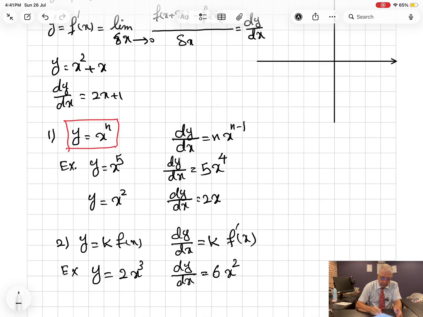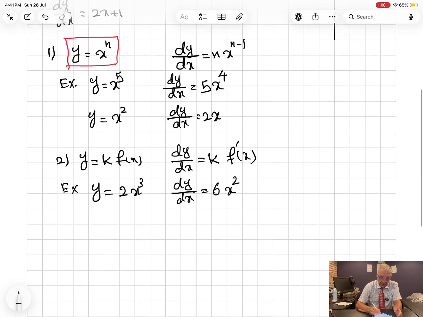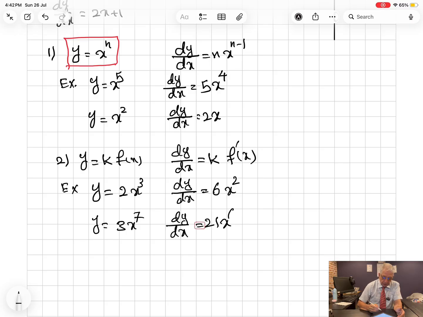Suppose y equal to 3 x to the power of 7, dy by dx will be 7 times 3, which is 21, and then x to the power of 6. So we got our second rule also.